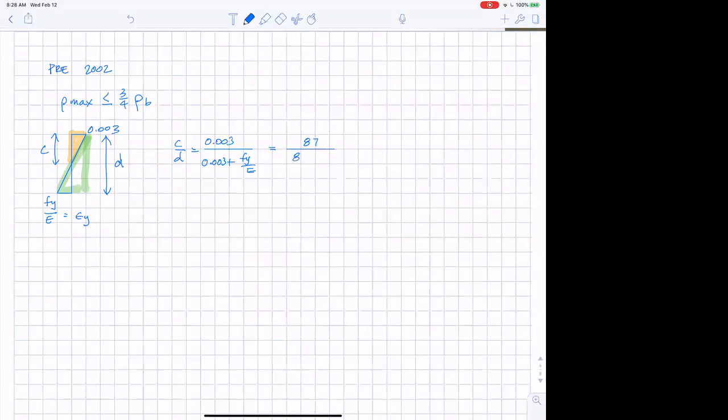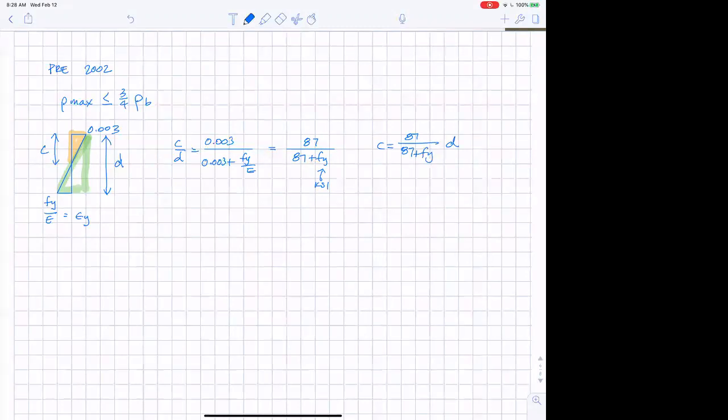Okay. 87 plus Fy in KSI. Okay, that's C by D. And then once you have that ratio, you solve for C. C is 87 over 87 plus Fy D.